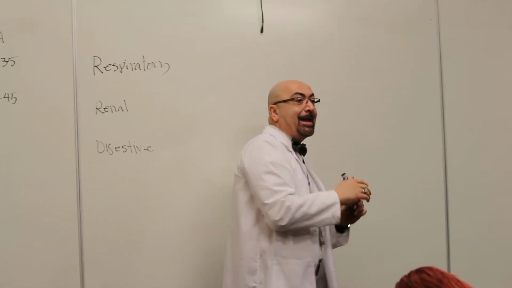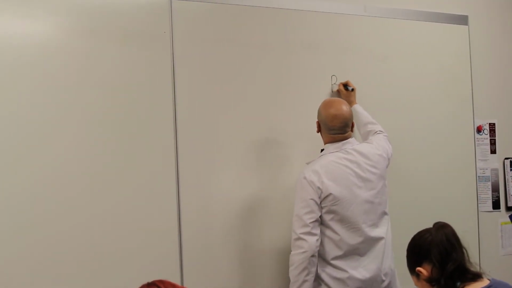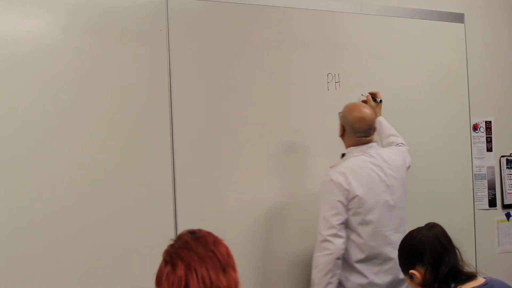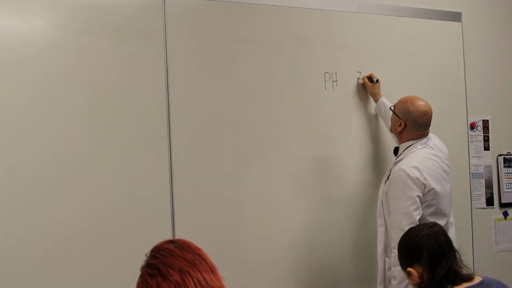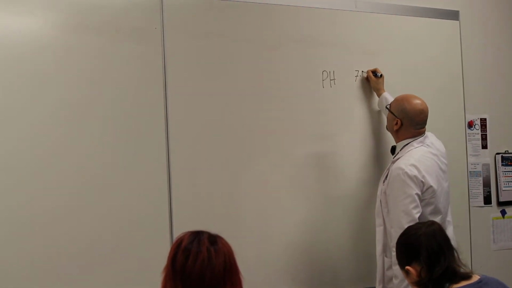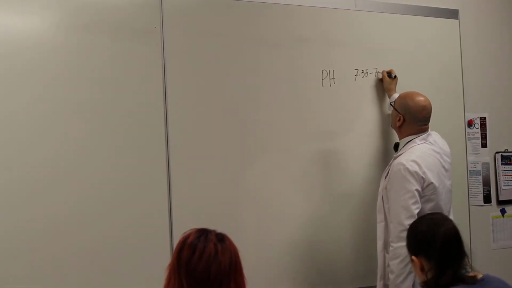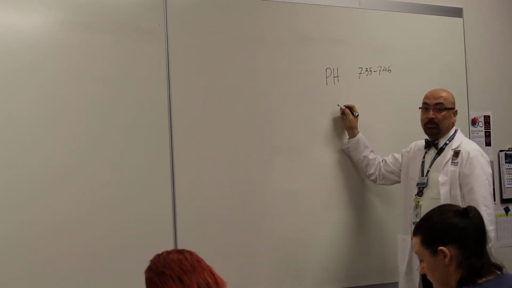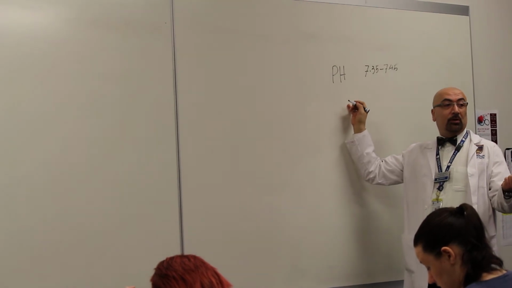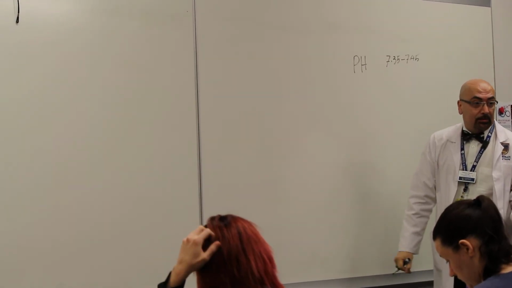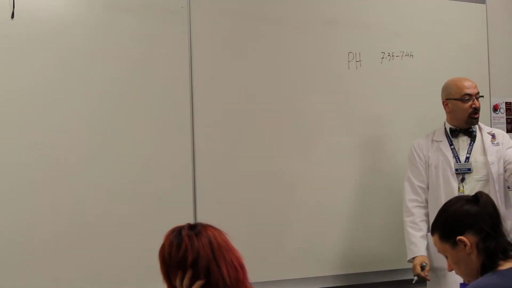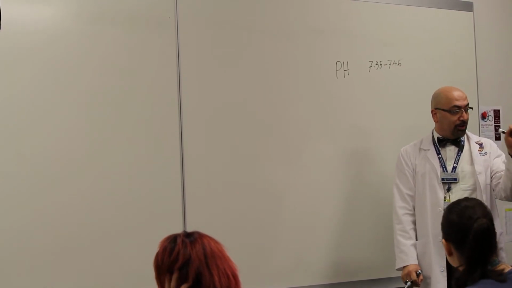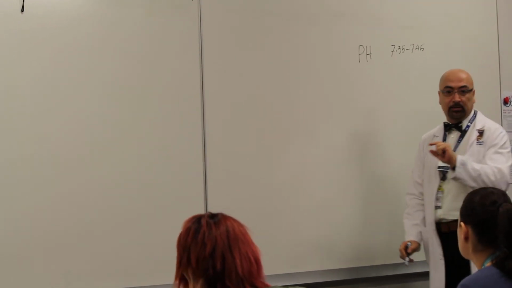So in your handout, you will see pH values, right? And we learned that is 7.35 to 7.45. And then you have concentration of carbon dioxide. We call it P of CO2, or partial pressure gas for carbon dioxide, right?